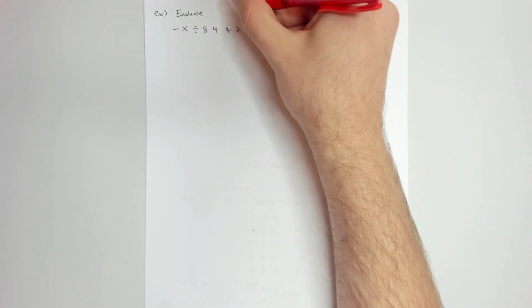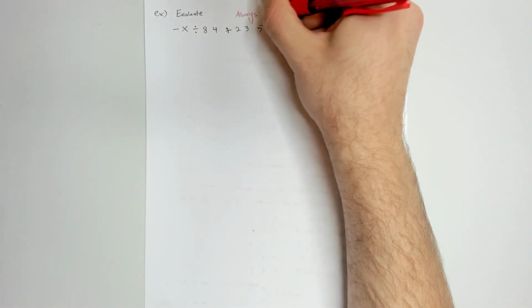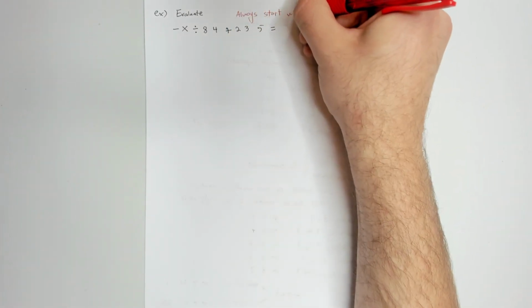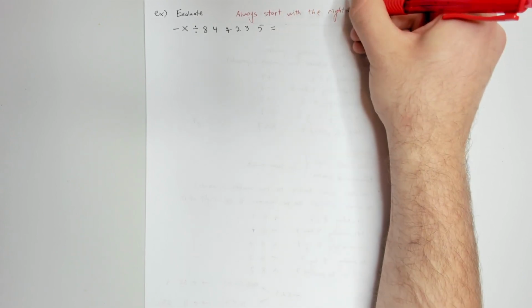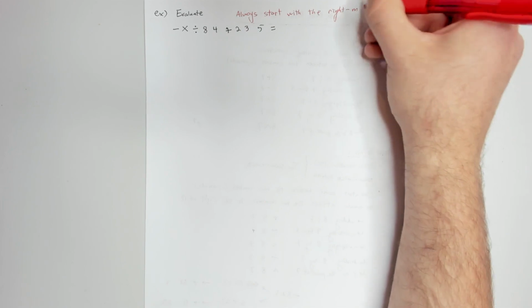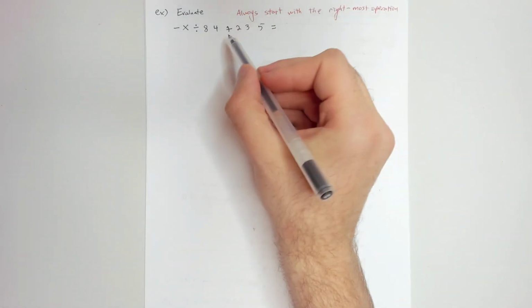So what we always do when we're evaluating things is we always start with the rightmost operation when we're using prefix notation. Always start with the rightmost operation, because that guarantees it's going to actually be affecting numbers, right? Okay, so that means we're going to start with the plus.